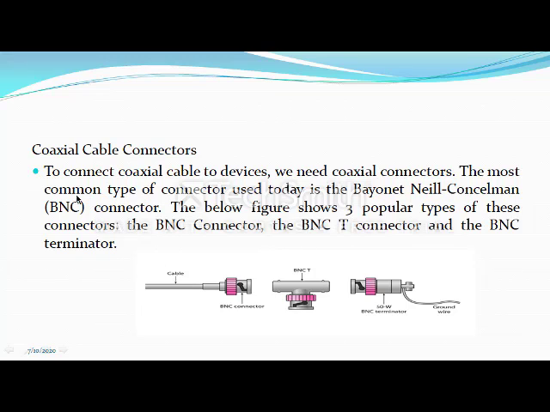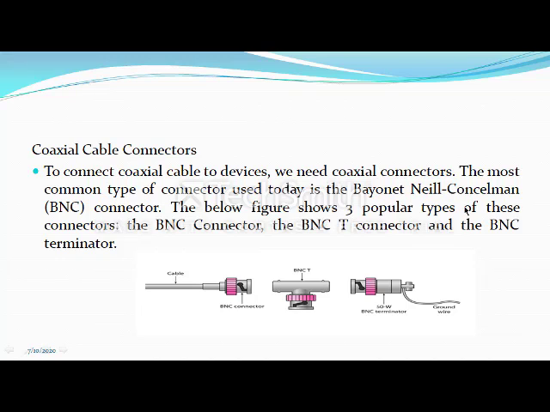So these coaxial cables are connected through some connectors. We need the connectors to connect the cables to the devices. The most common type of connector is the BNC connector.